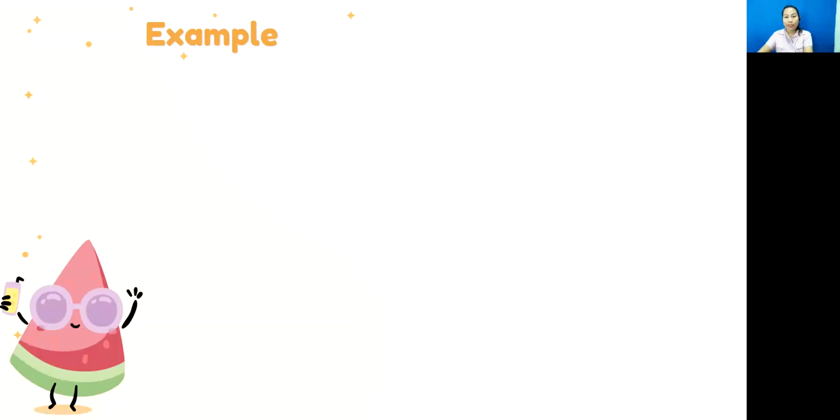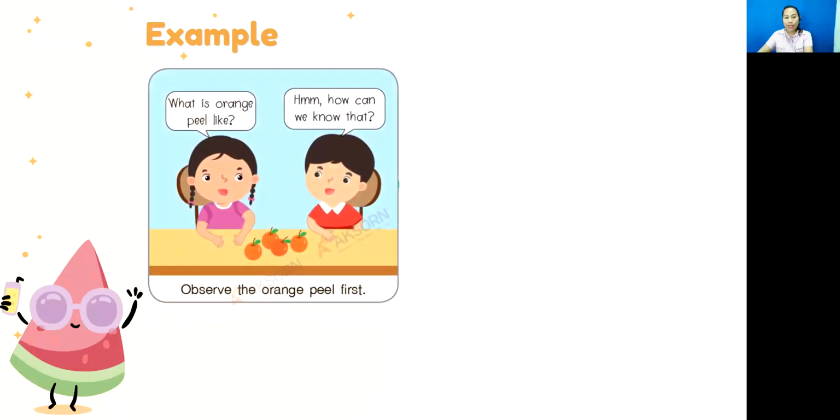Okay, our example is, look at these 2 little kids here. She said, what is orange peel like? What is orange peel like? Okay. And then he answered, how can we know that? So they observe the orange peel first.